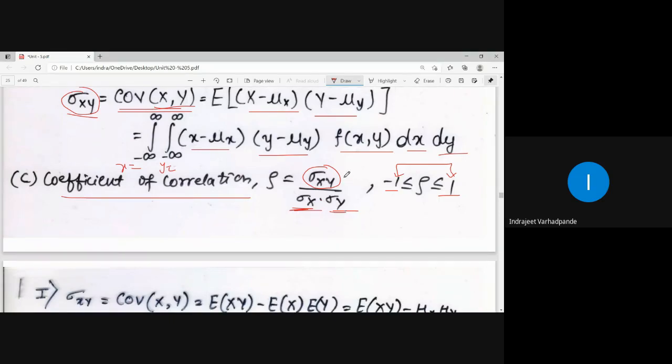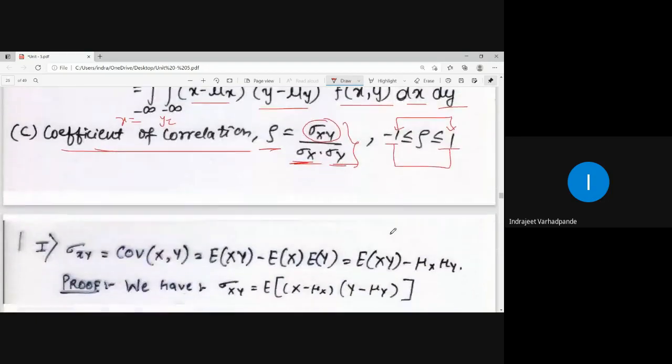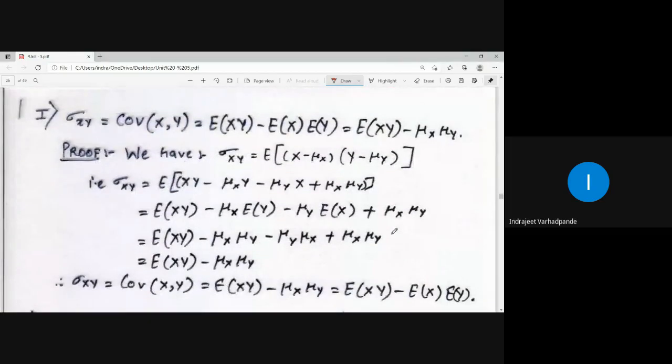And accordingly, this particular ratio, which is rho, called the coefficient of correlation, will always lie between -1 and 1. So for the joint probability function f of xy of the random variables x and y, the corresponding terminologies will be calculated. There are certain theorems associated with this joint random variable x and y or the covariance of x and y.